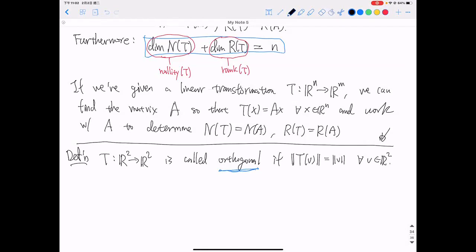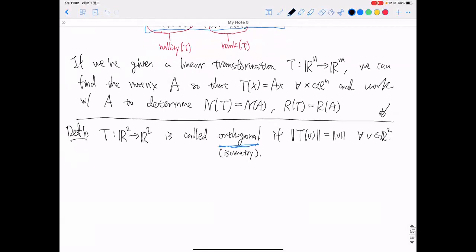There are different names for this. This is also known as an isometry. And we're going to think about an easy fact here.